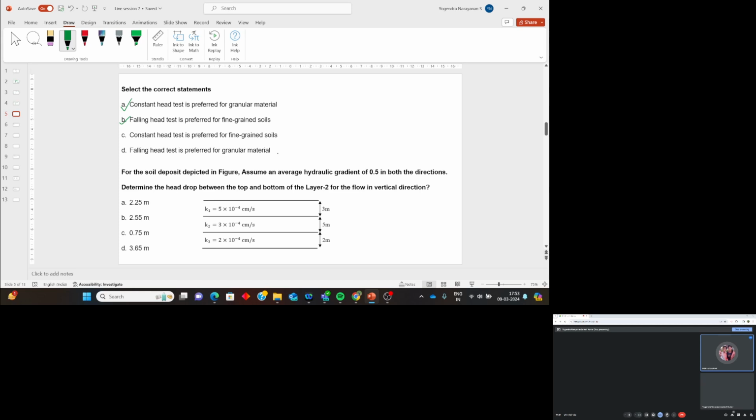Granular soils, right? So simple permeability test is you prepare a soil column and you maintain a head above the soil column.